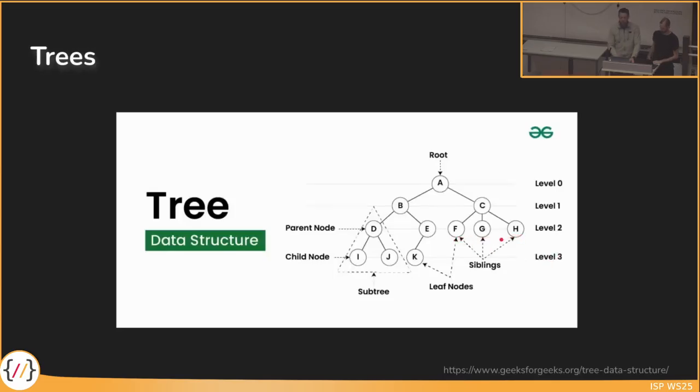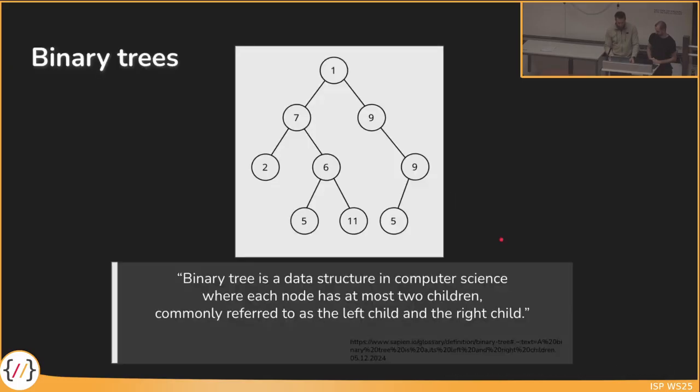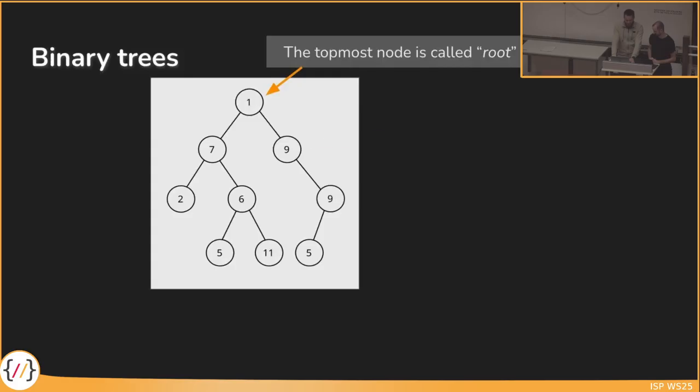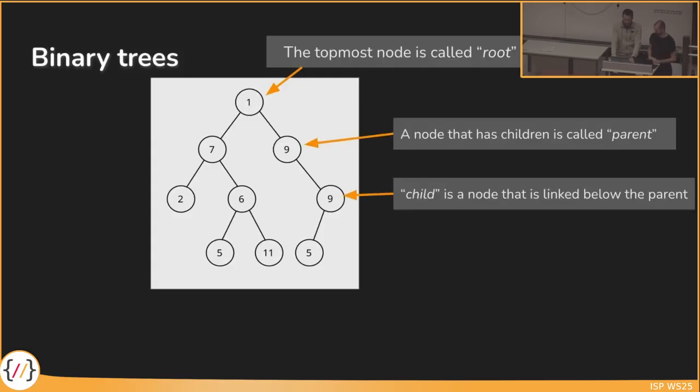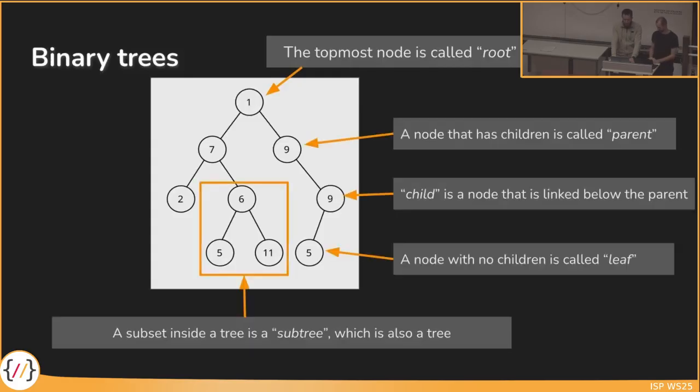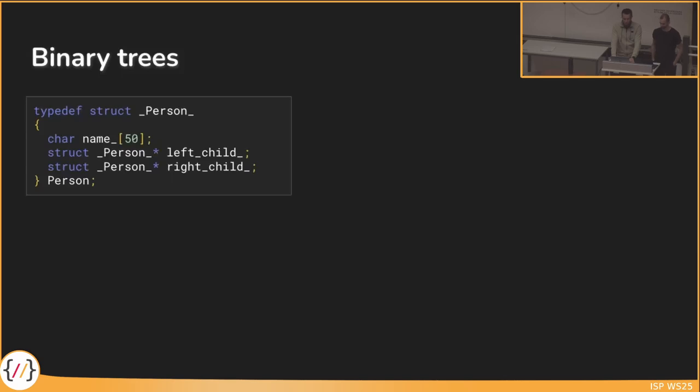You can just have 1, 2, or none. So this is basically the binary tree. We already talked about that in the last slide, so I think we can skip that. This is just another definition of how the nodes are called. And now we want to have a look at the implementation.